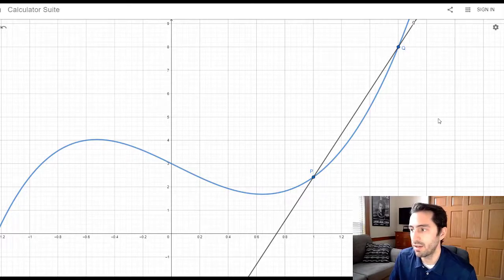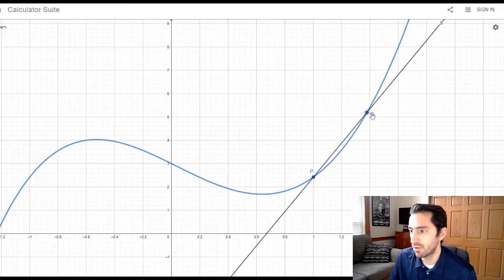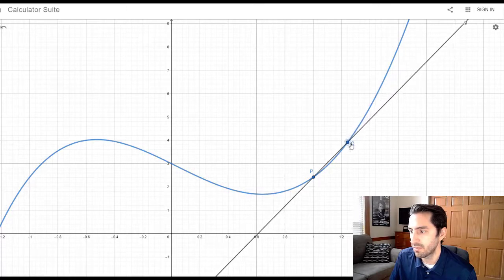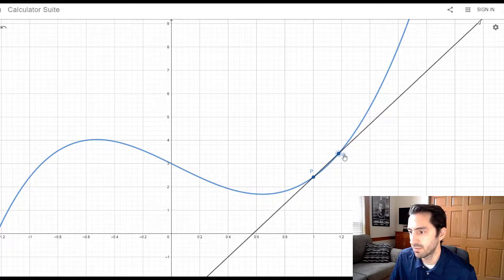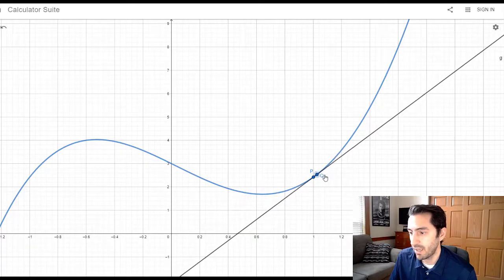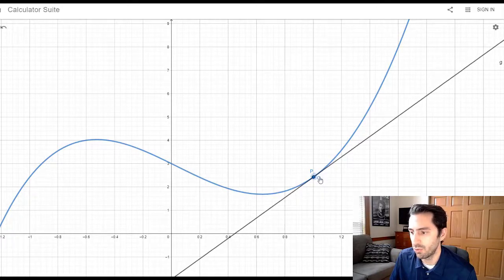And in order to find the tangent line, say at point P, what I want to do is take this point Q, and I want to move it closer and closer and closer to P. And as you can see, as I slide this closer, this is getting closer to being a tangent line. And if I can imagine this, if I can move Q right on top of point P, well, now this line only intersects at exactly one point, and we end up with a tangent line.